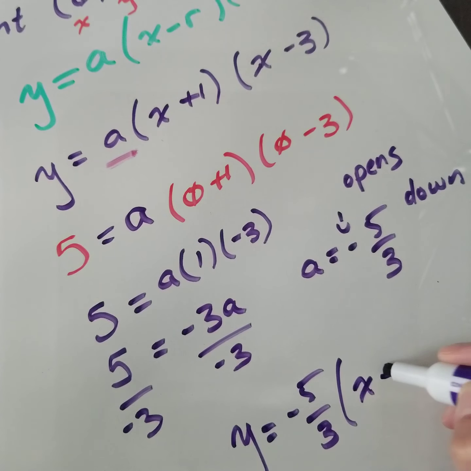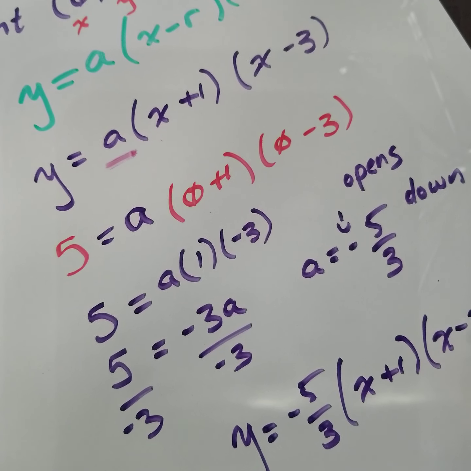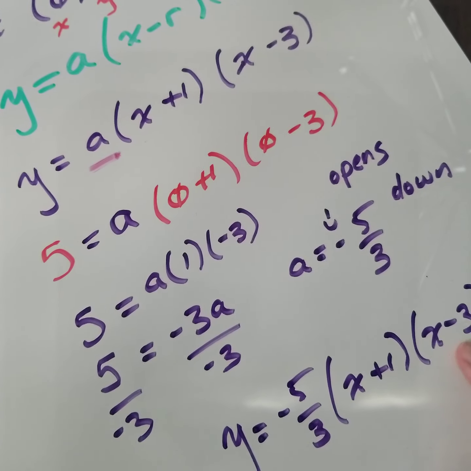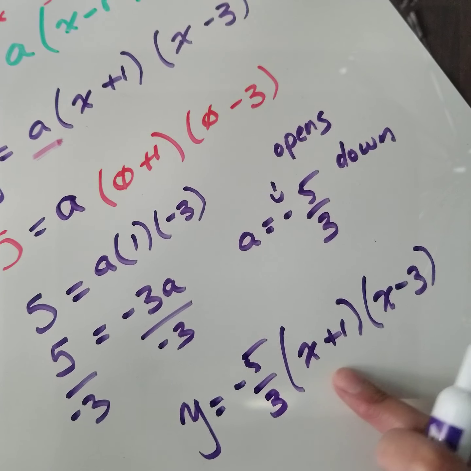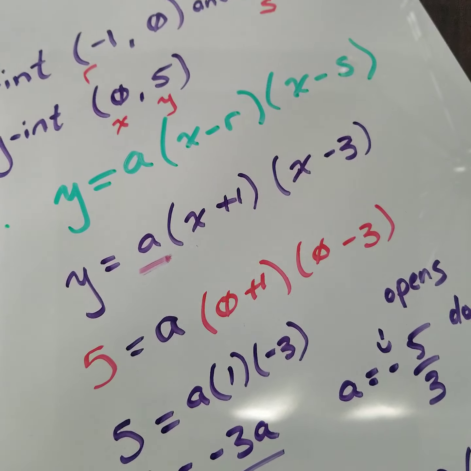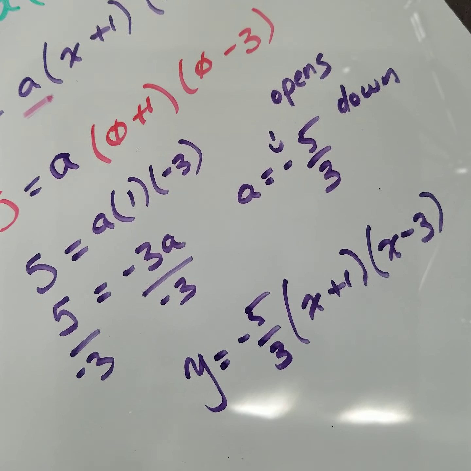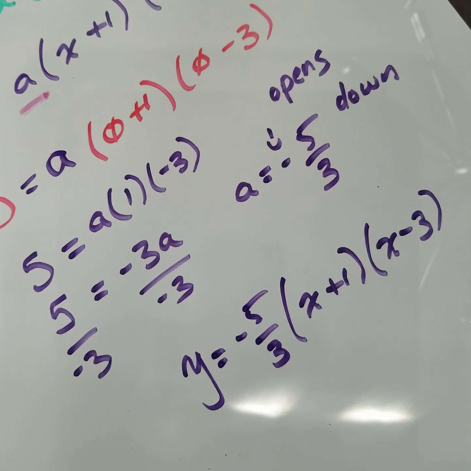So it should still pass through +3. It should still pass through -1, and then that y-intercept at 5. So let's write down our equation to confirm on Desmos that that's actually what we're going to get.